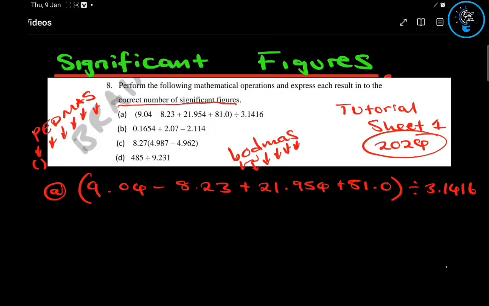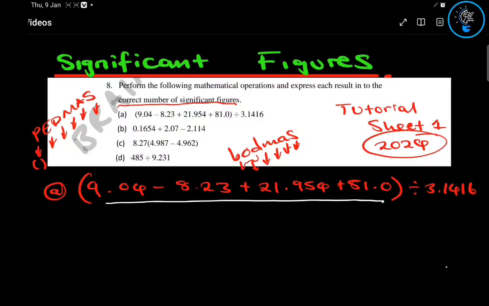So let's punch these things into our calculator. So we are saying 9.04 minus 8.23 plus 21.954 plus 81.0.